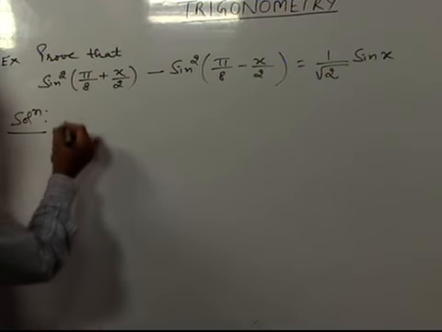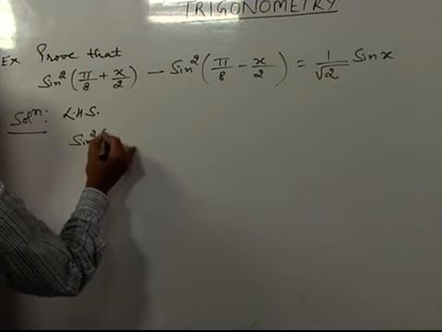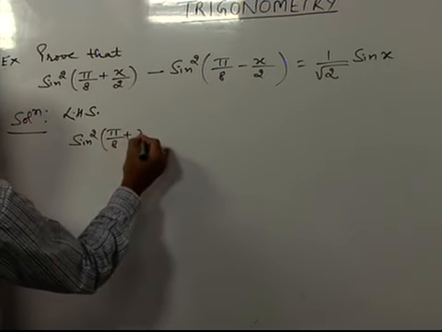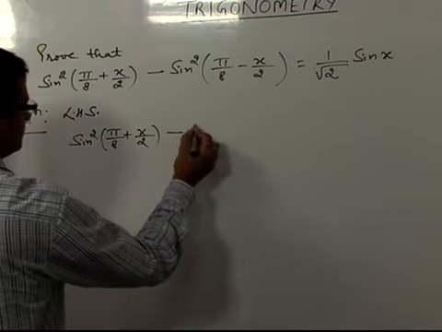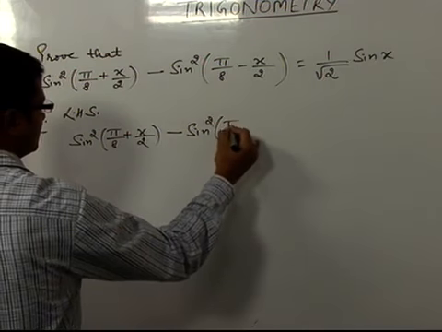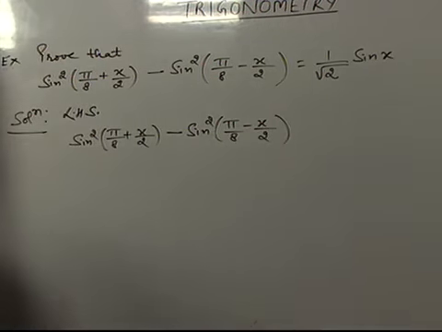Solution is: taking left hand side, sine square pi by 8 plus x by 2 minus sine square pi by 8 minus x by 2.